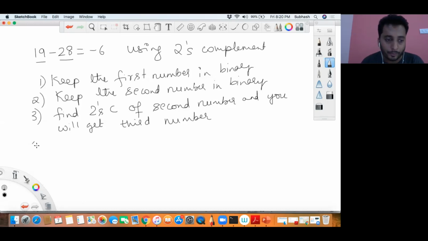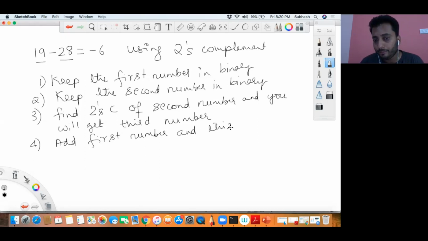Fourth, add the first number and the third number, and you will get the result.